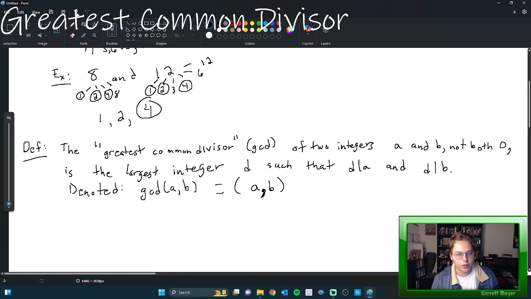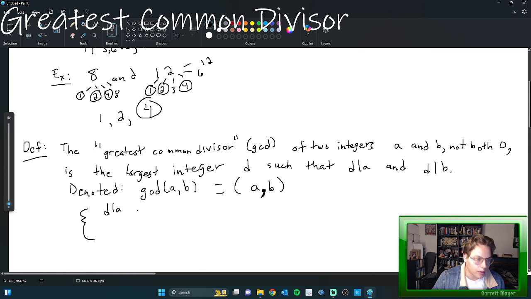When you see this in number theory, this refers to the GCD. We use the GCD far more often, and it's a very, very common concept all throughout number theory. So we just use this ordered pair notation quite a bit of the time, and I'm going to interchange between both of these so you get used to that notation. And another way of saying this is that D is the greatest common divisor of A and B if the following conditions hold.